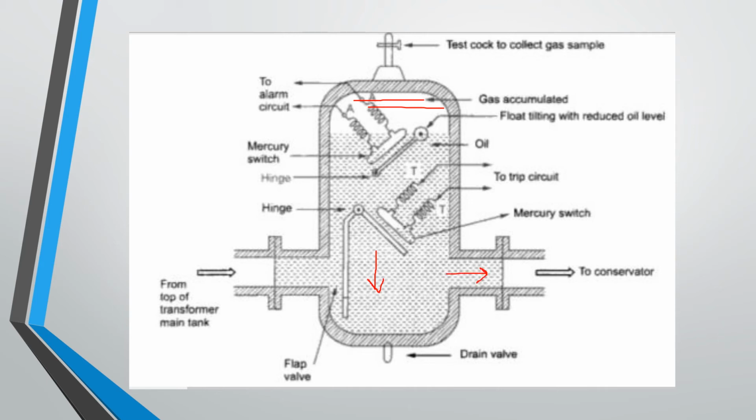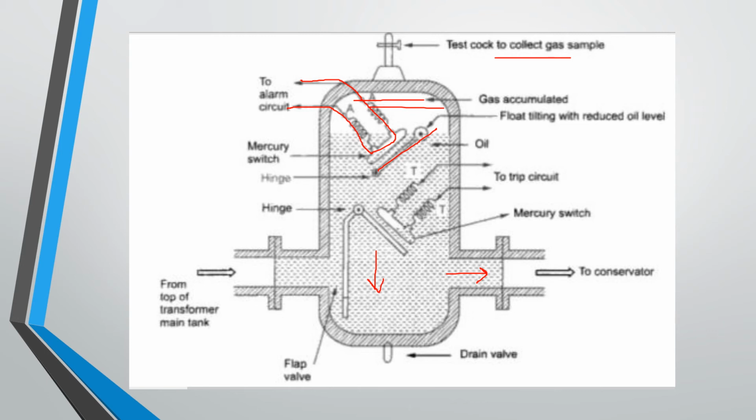In this case, the float will tilt downwards, and the alarm circuit with the help of the mercury switch will get completed, and hence an alarm will be produced. The operator will then collect the gases with the help of the test cock.